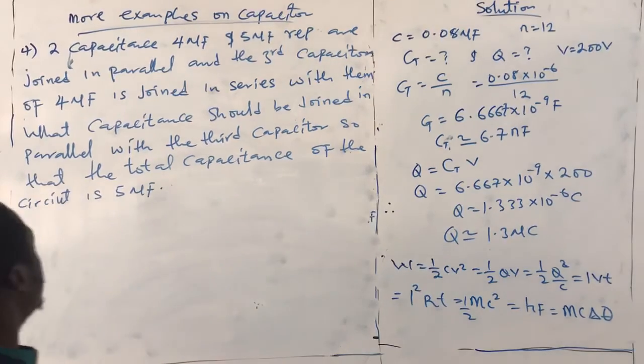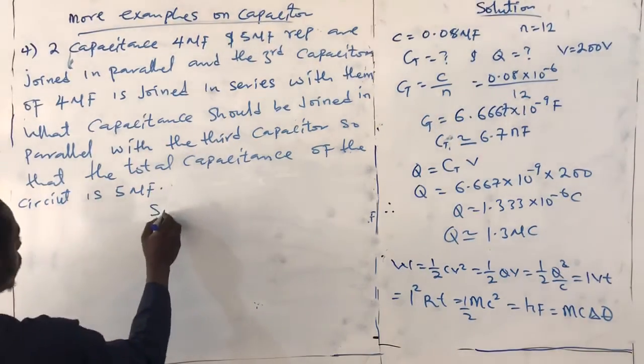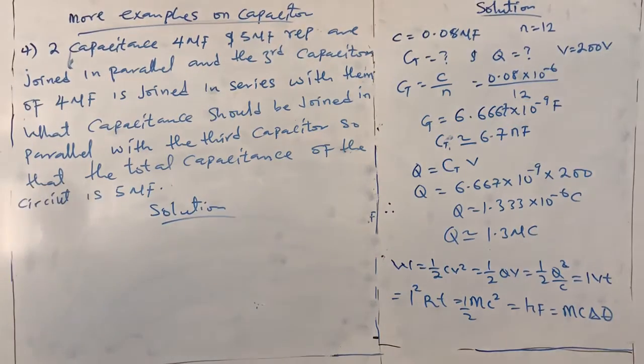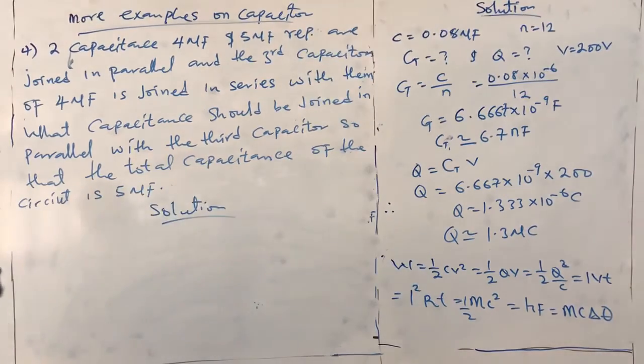Now, this is the fourth example. Two capacitors, 4 microfarad and 5 microfarad respectively, are joined in parallel, and the third capacitor of 4 microfarad is joined in series with them.